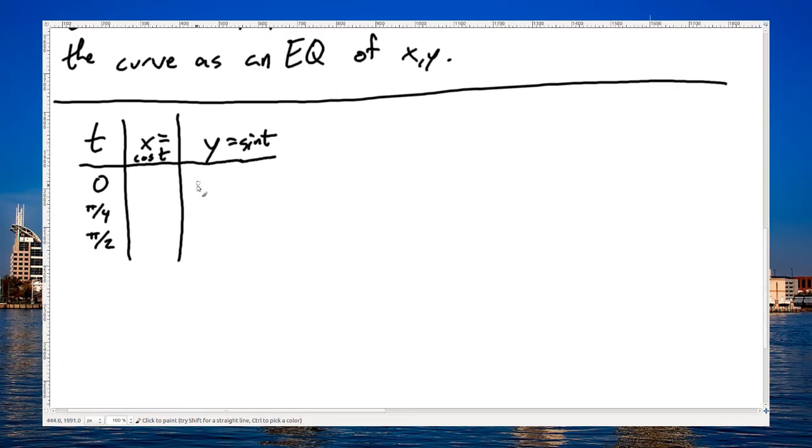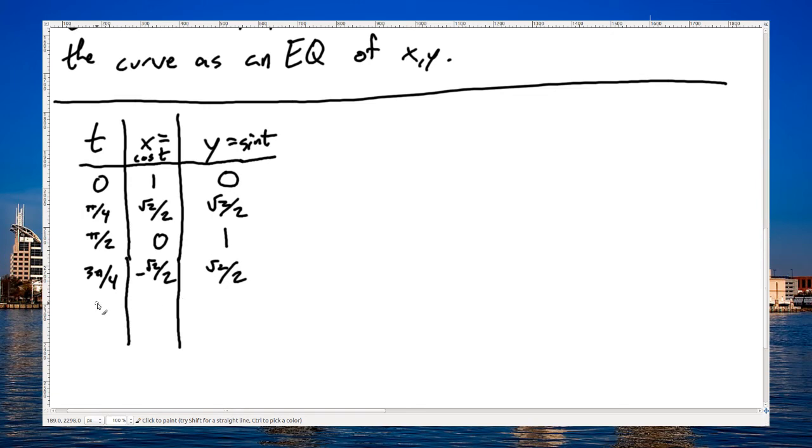All right, so let's complete this chart of values. Cosine of 0 is 1, sine of 0 is 0. Cosine of pi over 4 is root 2 over 2, same for sine. Cosine of pi over 2 is 0, sine of pi over 2 is 1. We'll keep going. 3 pi over 4: that's going to be a negative root 2 over 2 for cosine, but positive for sine.